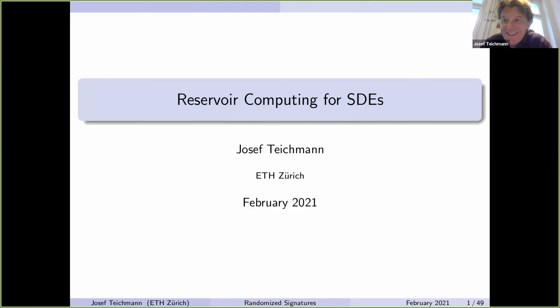This is what the SDE stands for. And what I'm going to present today is a relatively complete presentation of this transferred paradigm of reservoir computing to the world of SDEs.